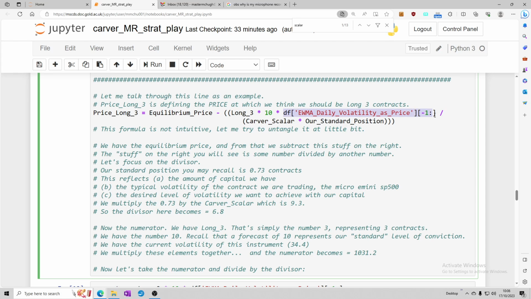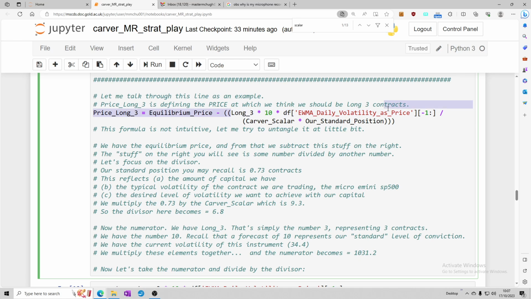And then we have the current daily volatility of the contract we are trading. So we multiply these 3 elements together, and it comes out as 1031, because 3 times 10 times 34.4 is 1031.